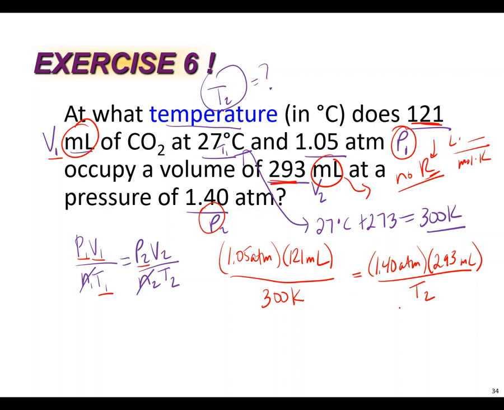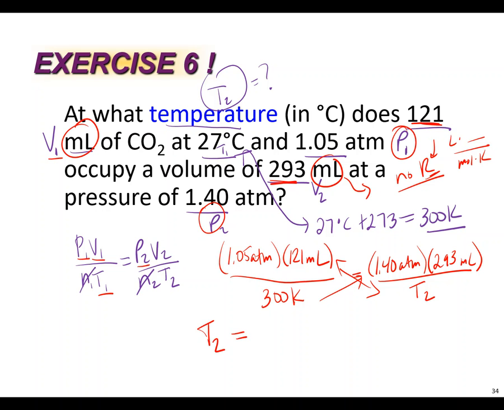Now when you calculate, I would cross multiply, move this one up here and the other one down there, and multiply over to the other side. I kind of do my algebra like that in my head, so I don't have to rewrite everything down. So T2 equals 1.05 times 121 divided by 300.